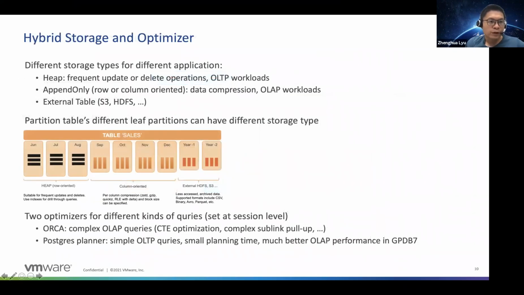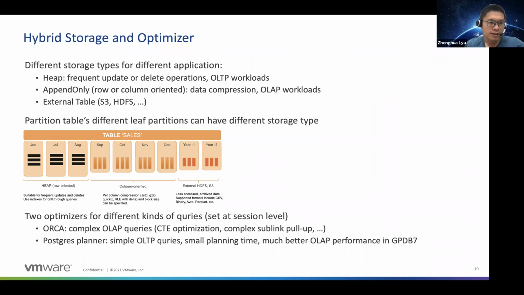Another important feature that enhances Greenplum's HTAP capability is the hybrid storage and optimizer. Greenplum supports different storage types for different applications. Heap table is suitable for frequent update or delete operations, typically the OLTP workloads.